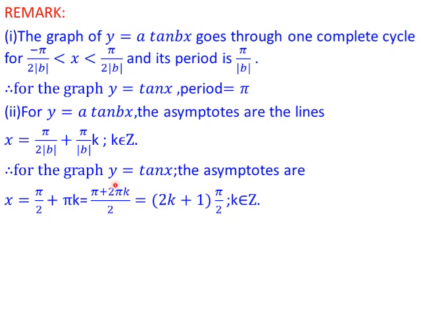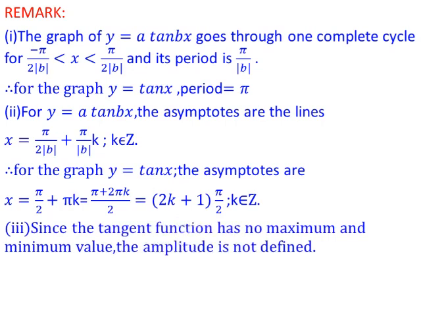Therefore, for the graph y equal to tan x, here instead of b you have to replace 1. So x is equal to pi by 2 plus pi k, which is equal to, taking the LCM, pi plus 2 pi k by 2. You can take pi by 2 commonly outside. So you will get (2k plus 1) into pi by 2 where k is an integer. So this is the vertical asymptote of the tangent function.